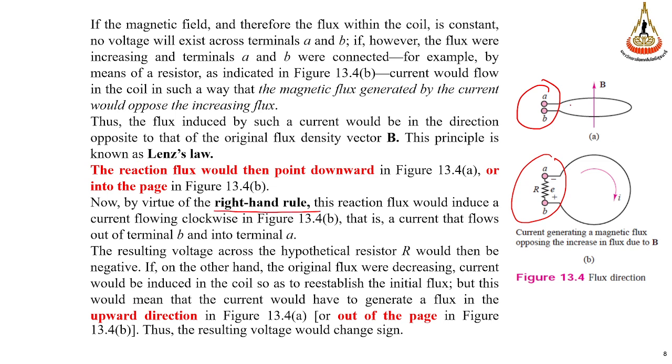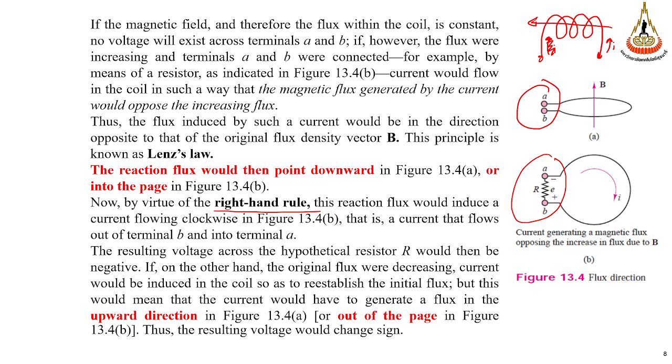Also, if for example you have the magnetic field changing in this direction, the current will be in this direction. Oh no, the current will be in this direction, according to the right hand rule.